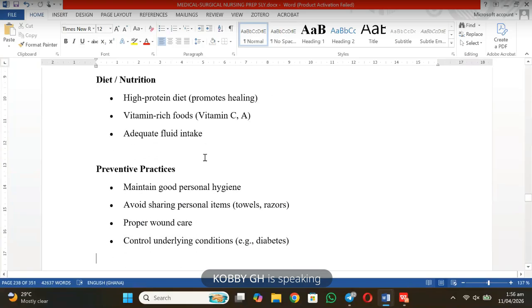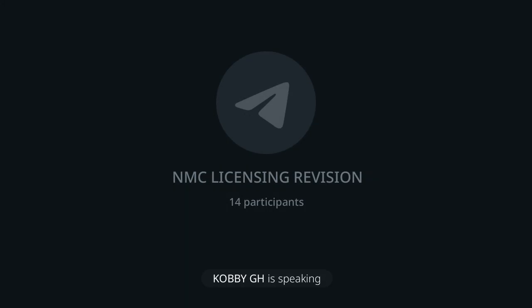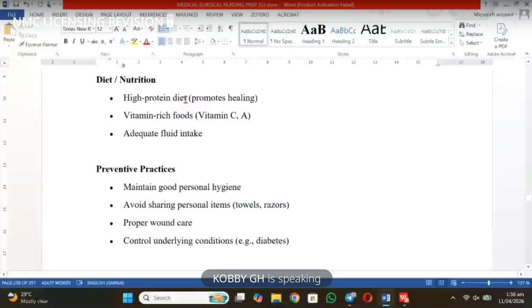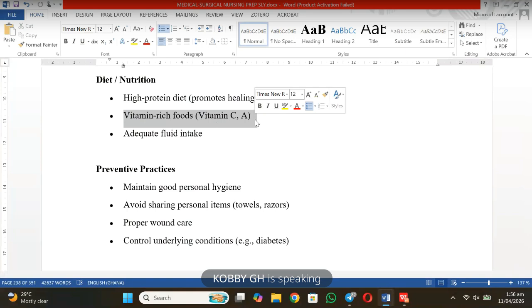When it comes to diet, because the skin is involved, it is reasonable that you give this patient a high protein diet. And because it has got to do with infection and immunity, you have to give the patient foods rich in vitamins, and then adequate fluids.